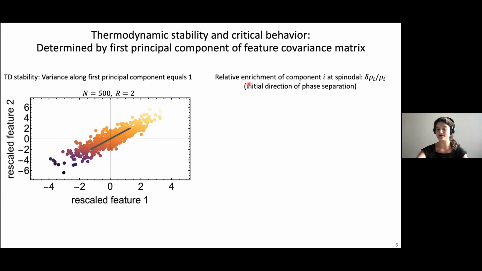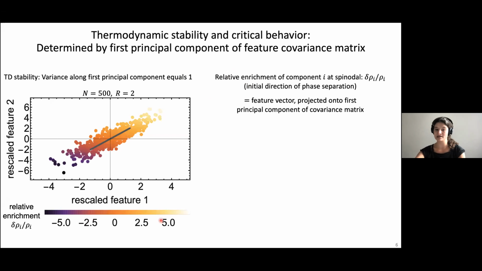And in a similar spirit, we can also derive that if we look at the initial direction of phase separation, or basically how enriched a certain component is right at the spinodal, then this is just given by the feature vector of the component projected onto this first principal component. This is what is shown here as a color code: the relative enrichment or depletion of the different components only depends on the location of these components projected onto the first principal component.